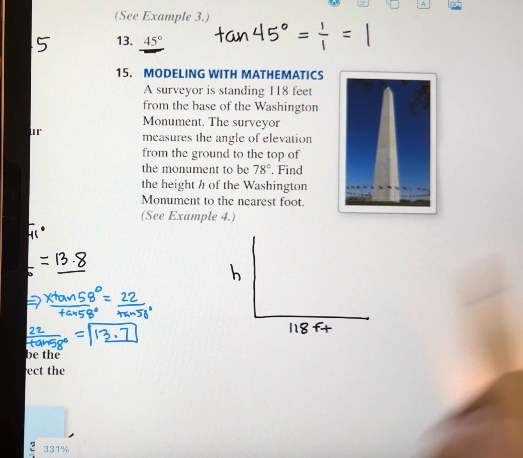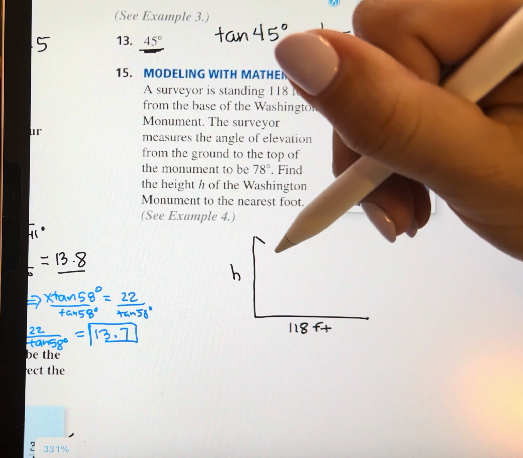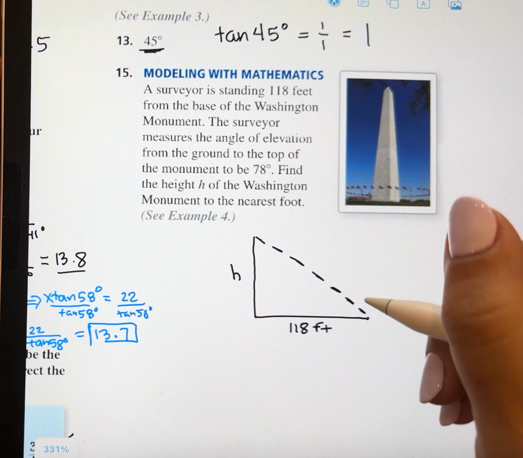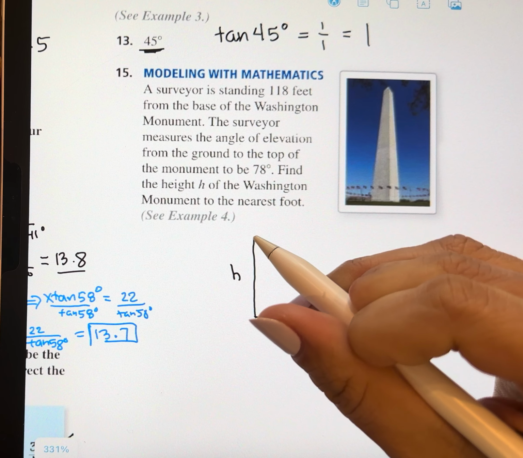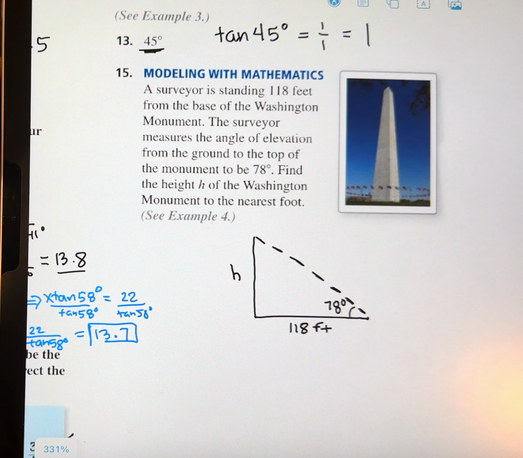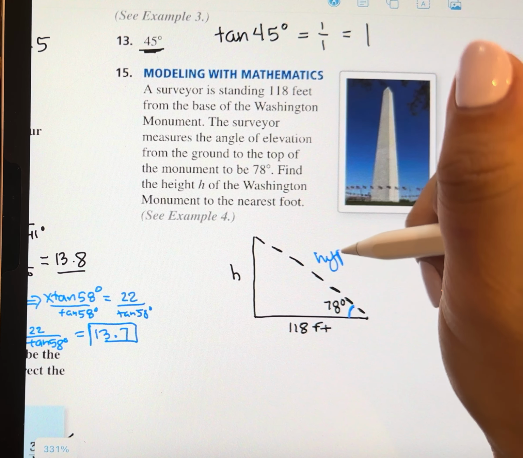And then what they measure is the angle of elevation from the ground to the top of the monument is 78 degrees. So here I am, from 78 right here, this is the hypotenuse.